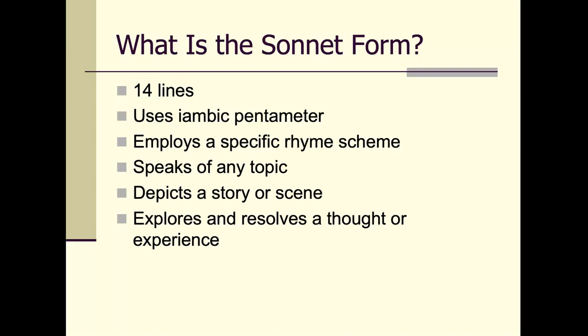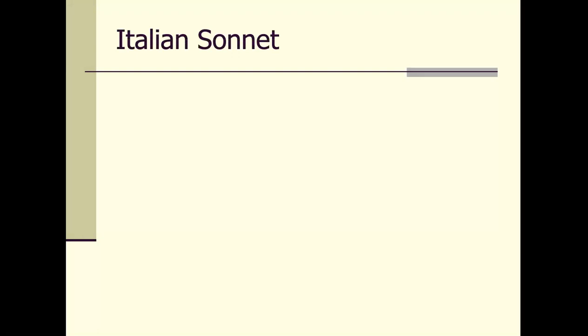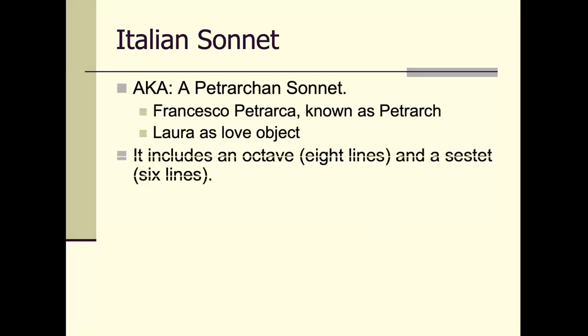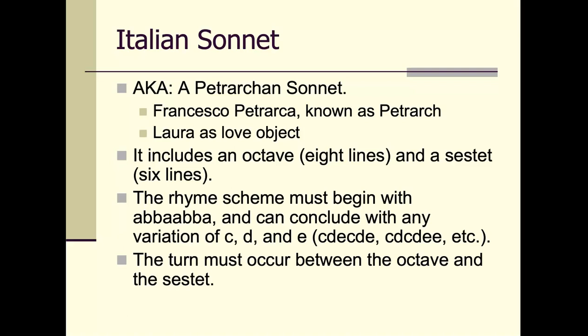Any sonnet form is usually 14 lines. And then we've got Italian sonnets. It's usually called the Petrarchan sonnet because Petrarch was considered to be the one to really be the master of this form. And you can see what that looks like.